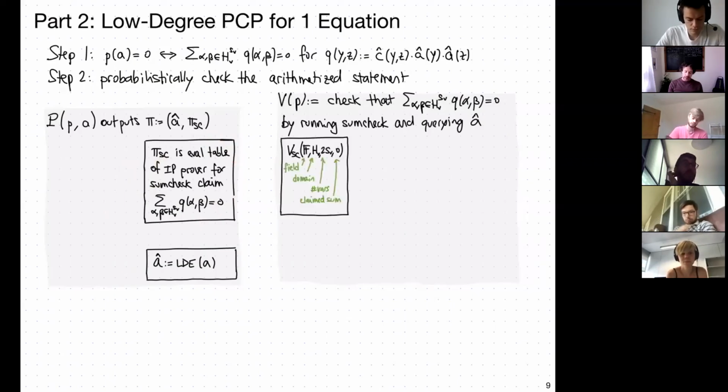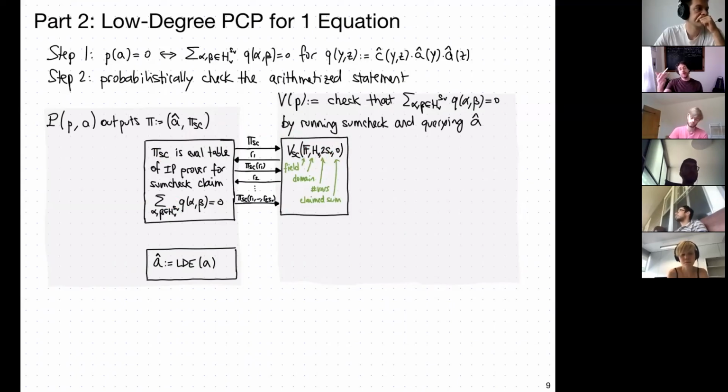Then, inside the PCP verifier, we will emulate the interactive proof sum check verifier. This verifier gets the field F, some domain H, the number of variables, and some claimed sum, which is 0. And we'll do all of this interaction in our heads, right?